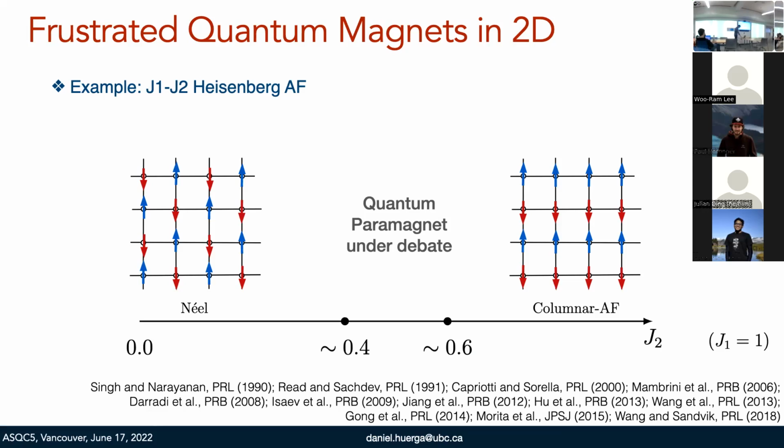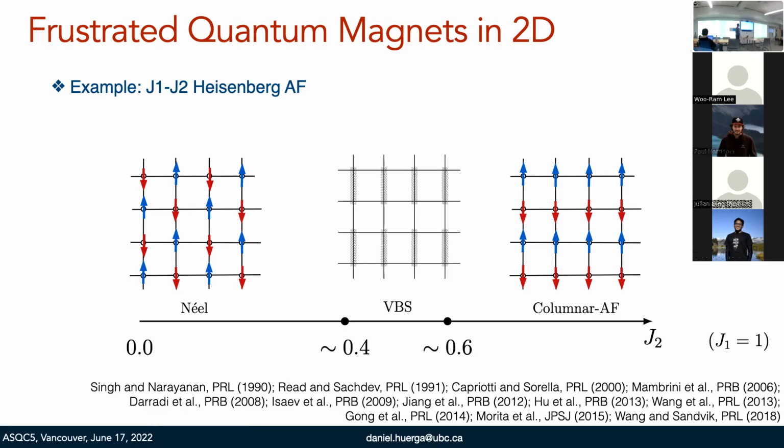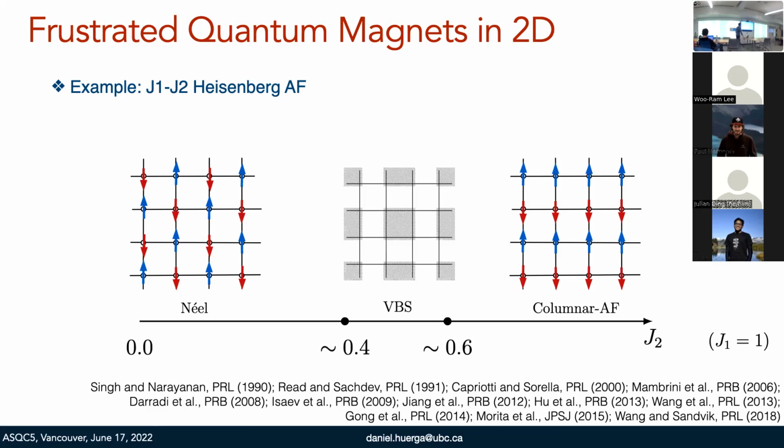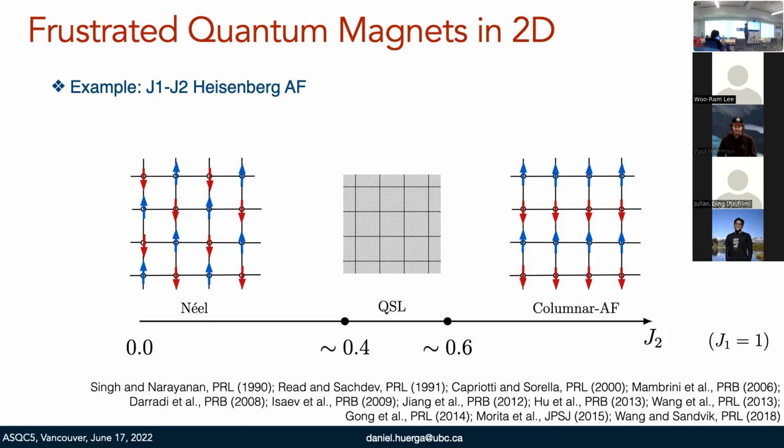So since the 90s, there has been a bunch of work, and it has been the battleground of all numerical methods. This can lead either to a valence-bond solid phase, breaking the C4 lattice symmetry, or a plaquette valence-bond solid preserving C4 symmetry of the lattice, or a quantum spin liquid.